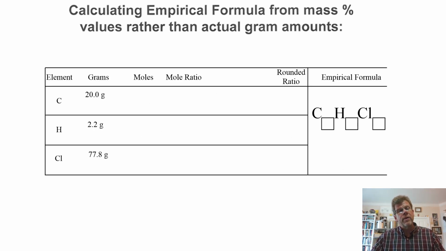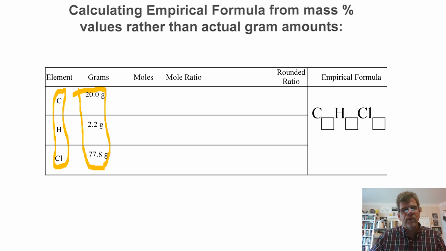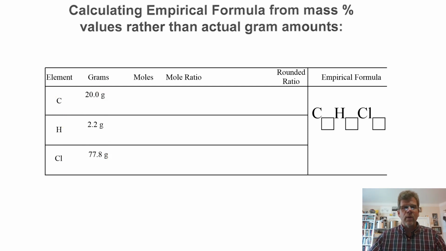So here we go. What was the information that we were already given? Well, here are our three elements, carbon, hydrogen, and chlorine from before, and here are our gram masses. These are always what will be given in the problem. And as we know, now we're going to move across the table and take our gram masses and first convert to moles.